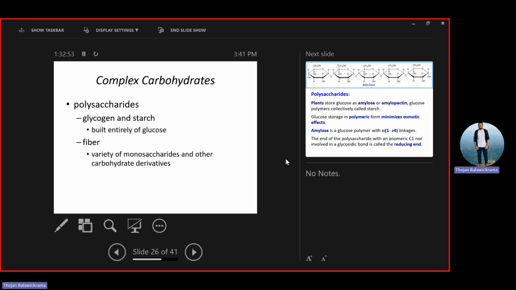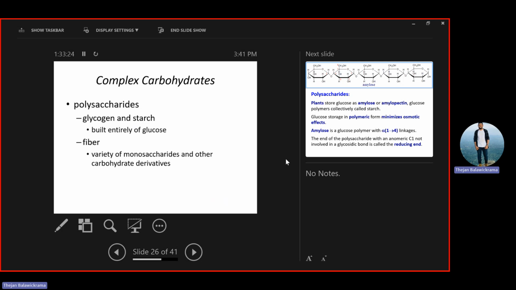Now let's come to complex carbohydrates. Those are very long carbohydrate chains. Monosaccharide is a building block. Disaccharide is a combination of two. Polysaccharides are very long ones. Those are complex carbohydrates.